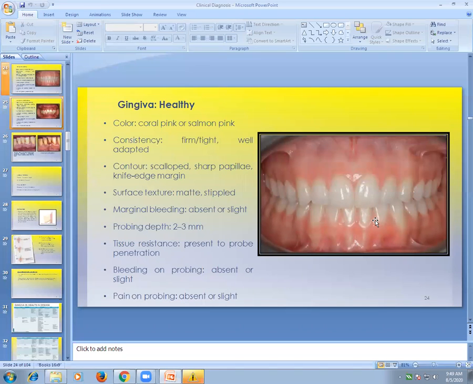In that area, you have to write apical to the CEJ. You have to write the position of gingiva with reference to the CEJ. If it is coronal, write coronal to CEJ. If it is apical, what does apical mean? It has moved along the root surface. Then write apical to CEJ. In that way, you have to mention. So this will complete your gingival status.